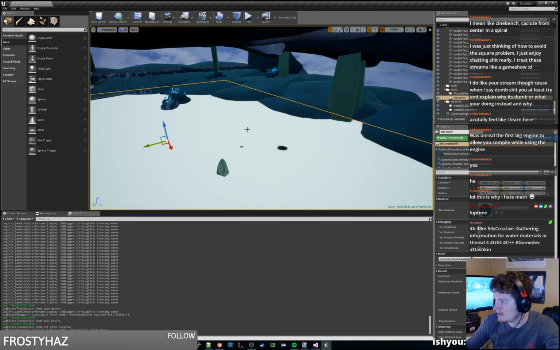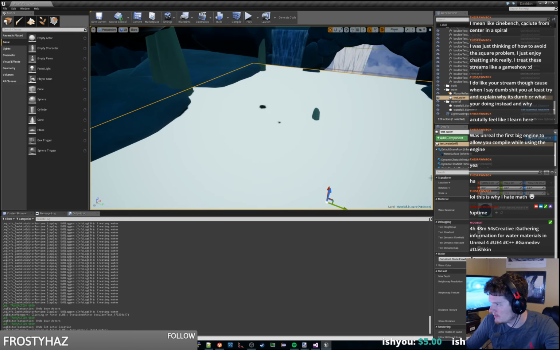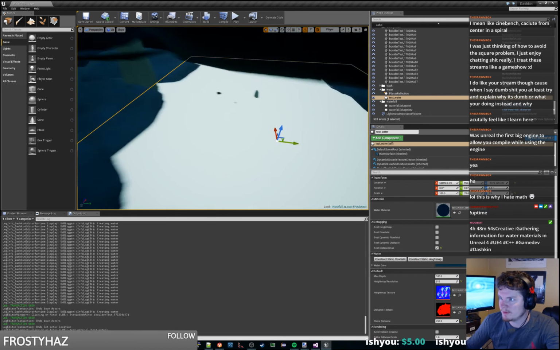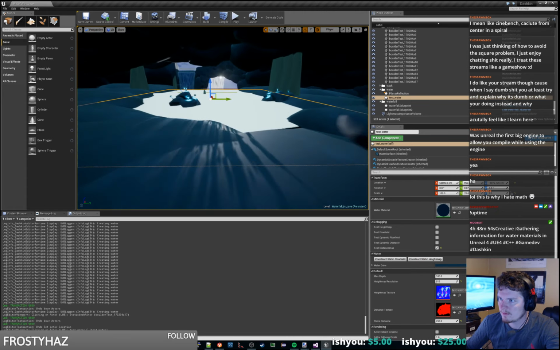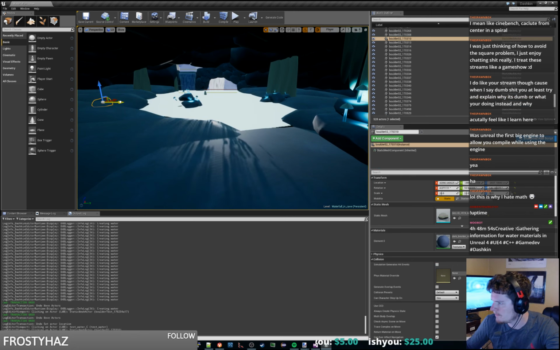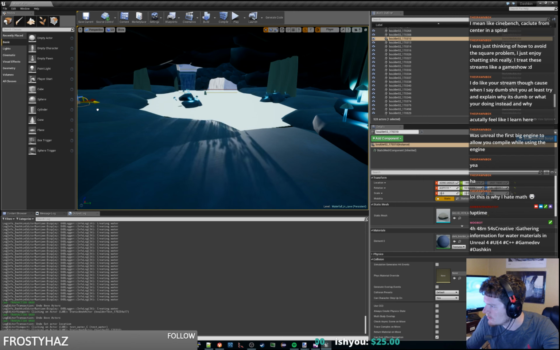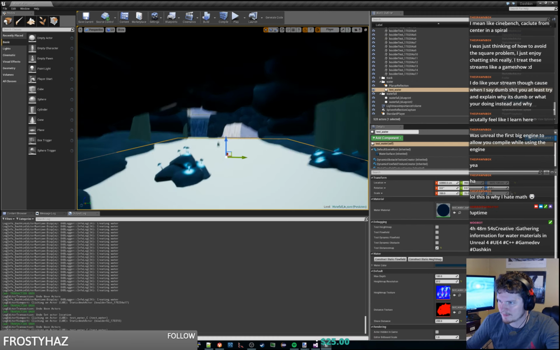I just want to see how wide this thing is, but you can't read these numbers because they're so huge. It's like 36,000 to 50,000, so it's like 100,000 units wide or something.